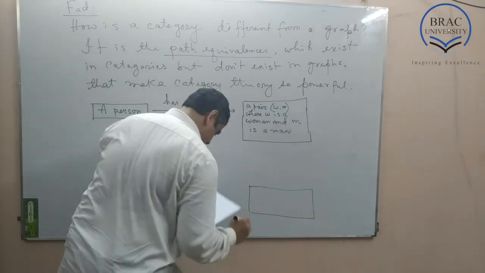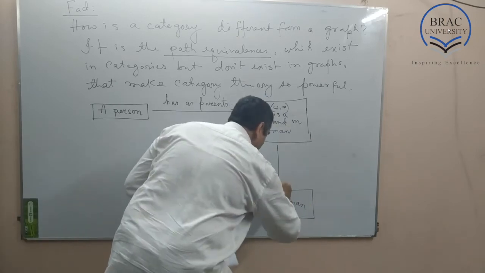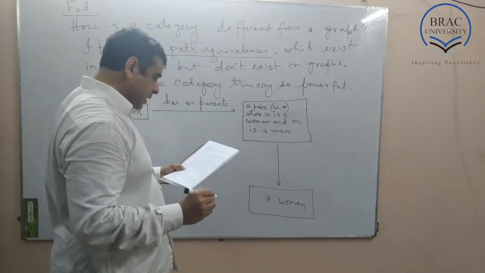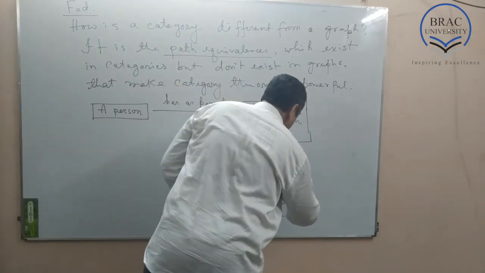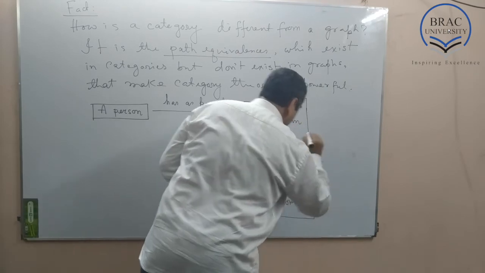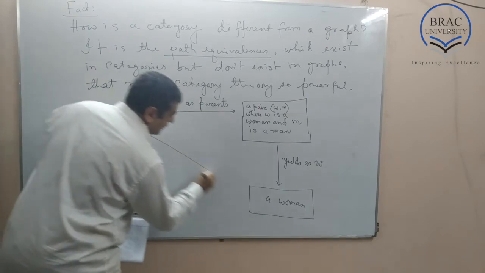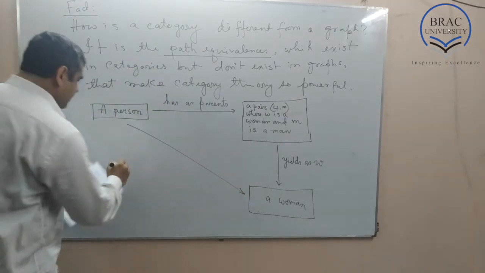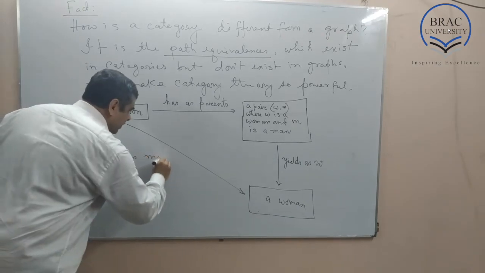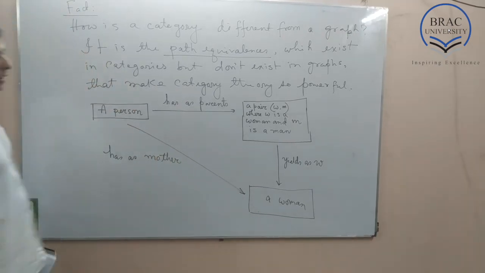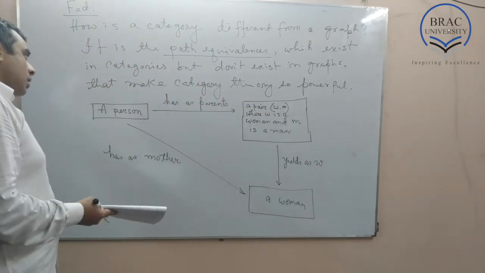The other type is that of a woman, and there is an aspect coming to a woman, which is called "is a", and this aspect is written as mother. So let's analyze this Olog.